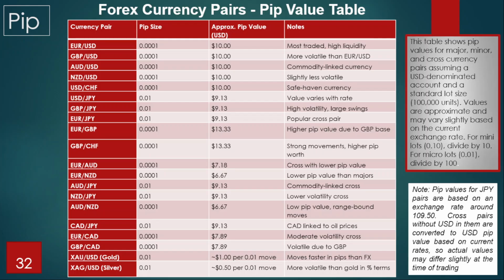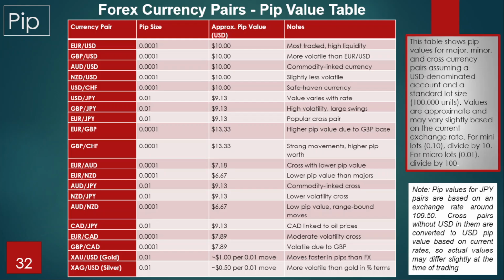And for JPY pairs, it will usually be 0.01 per pip, and that will cost approximately 9.13 for most of them, depending on the exchange rate. This pip value is calculated based on the current exchange rate.